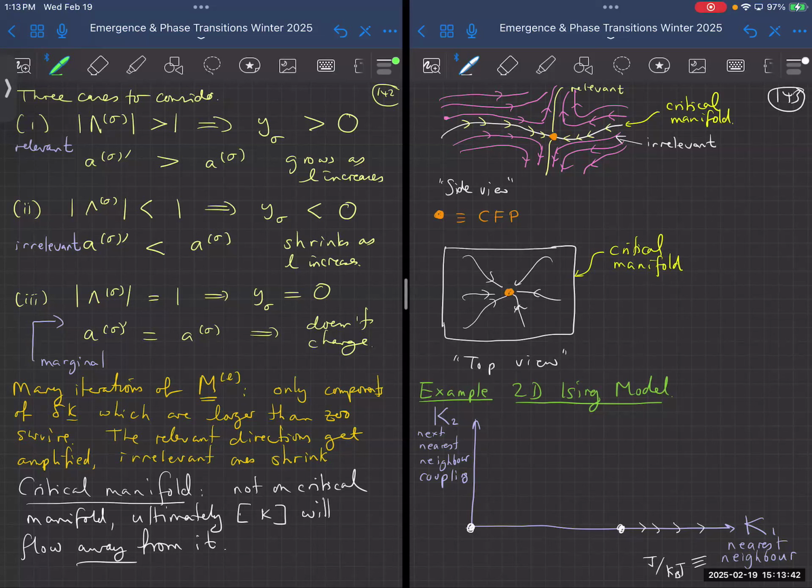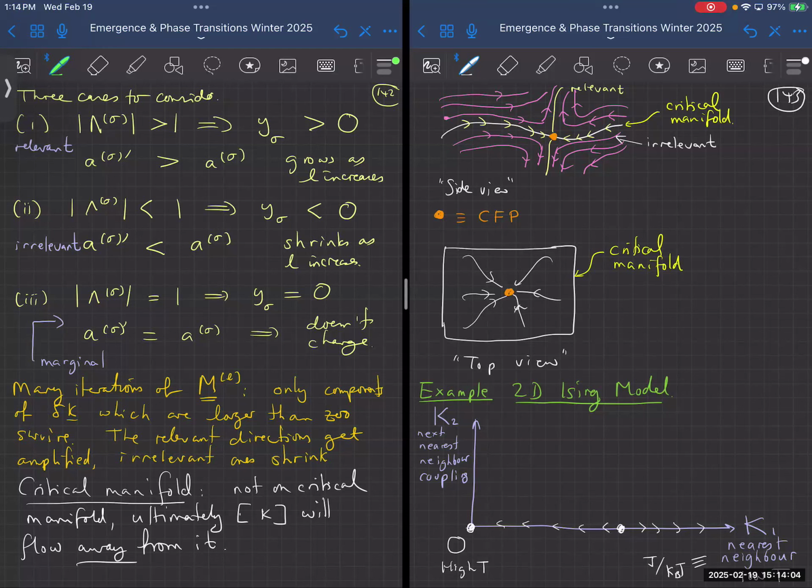And if you have a small K, that would correspond to having a high temperature. So this would be high temperature, and this would be low temperature over here. And so you would expect the thing is going to flow like this.